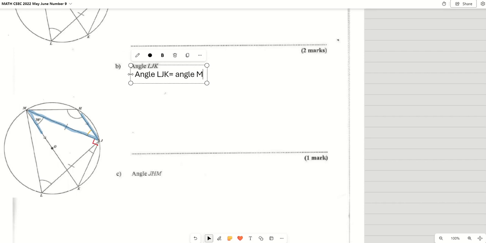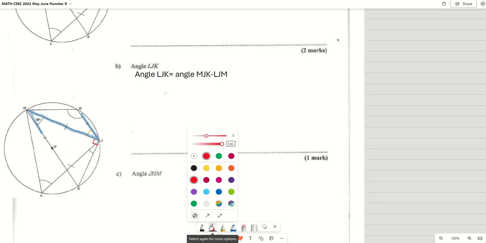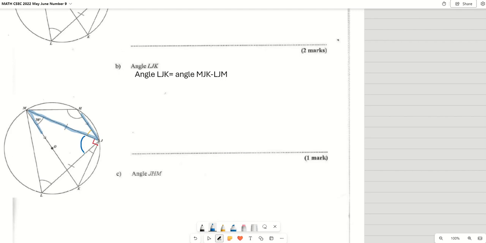angle MJK minus this angle, which is LJM. That is this angle right here. I could denote it so you guys could see. I'll just put it in blue. This angle right here.